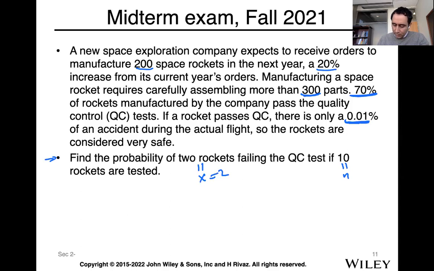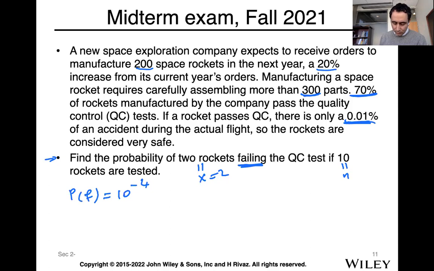I have n and x. All I need to do is find the chance of failing, the probability of success. So the probability of failing is this guy here, 0.01%, which is 10 to the power minus 4. All I need to do is plug in the numbers.